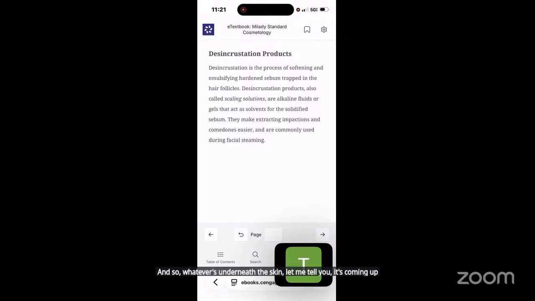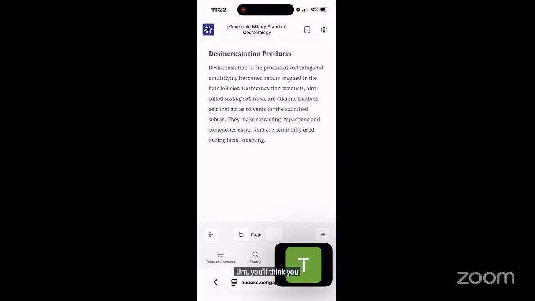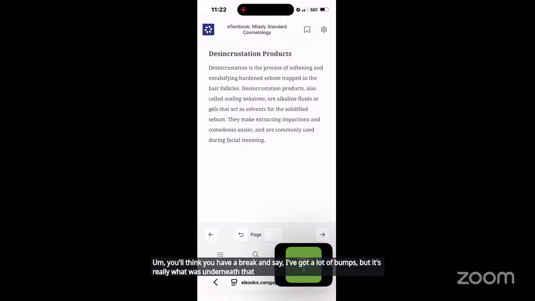So don't do this before a wedding, your prom, or a very special day where you're going to be taking pictures, because you're going to see it immediately. You'll see it in a day or so. You'll think you're having breakage, saying, I've got a lot of bumps, but it's really what was underneath that the disincrustation solution brought to the surface. After this shedding process, you're going to see the skin look amazing.